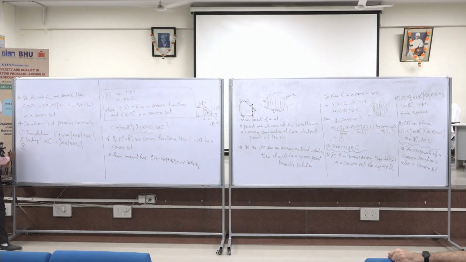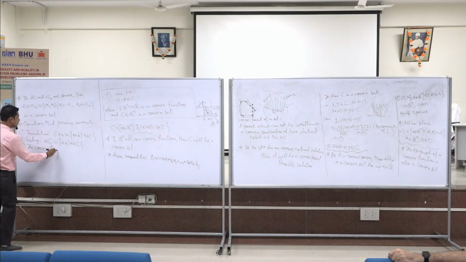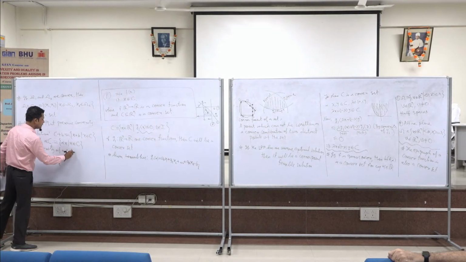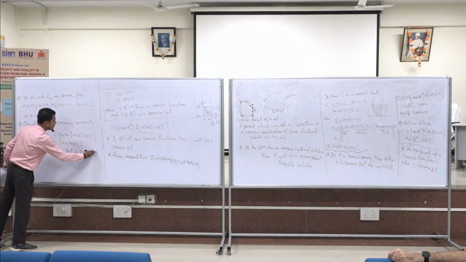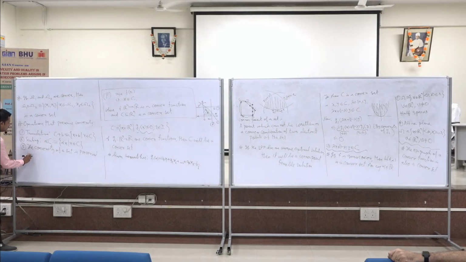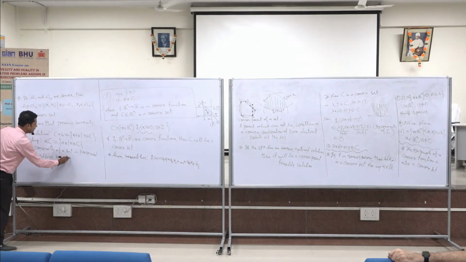Now, the convexity of a set is preserved under affine mapping, right?